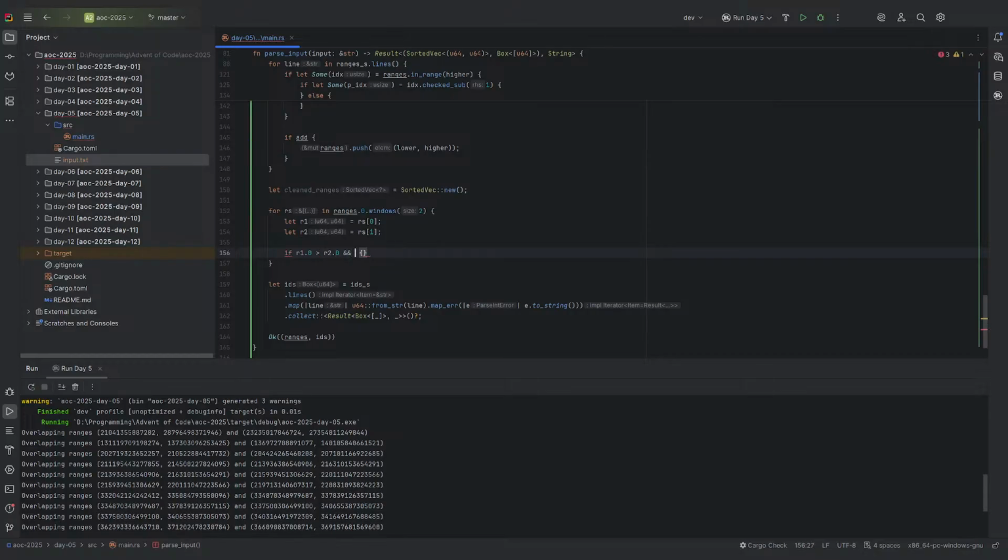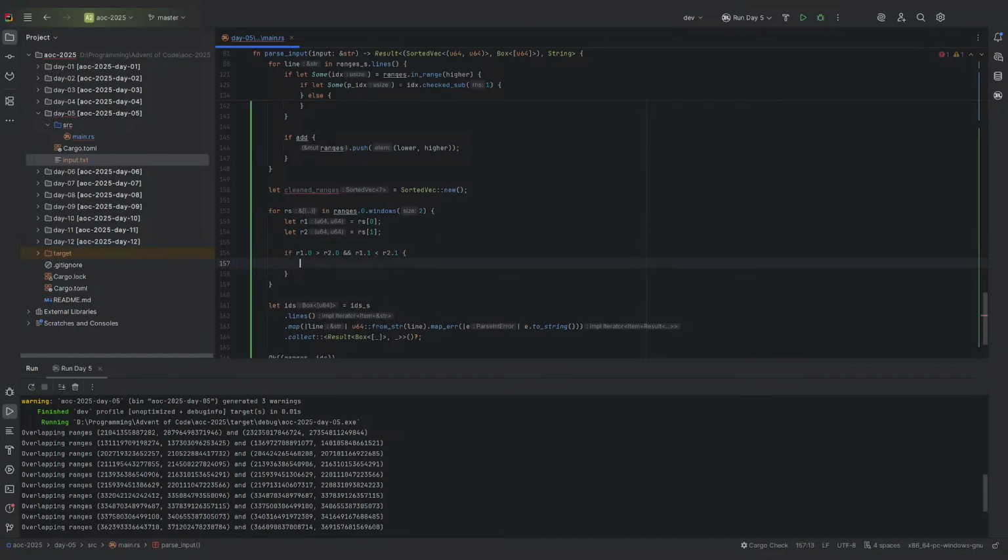It's fully contained. It should be. So it's fully contained. This now needs to be mutable again.